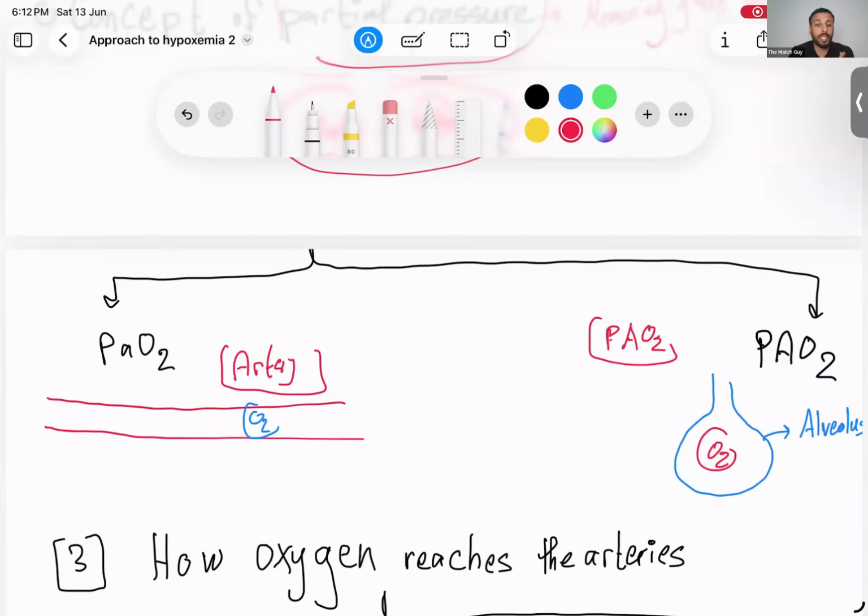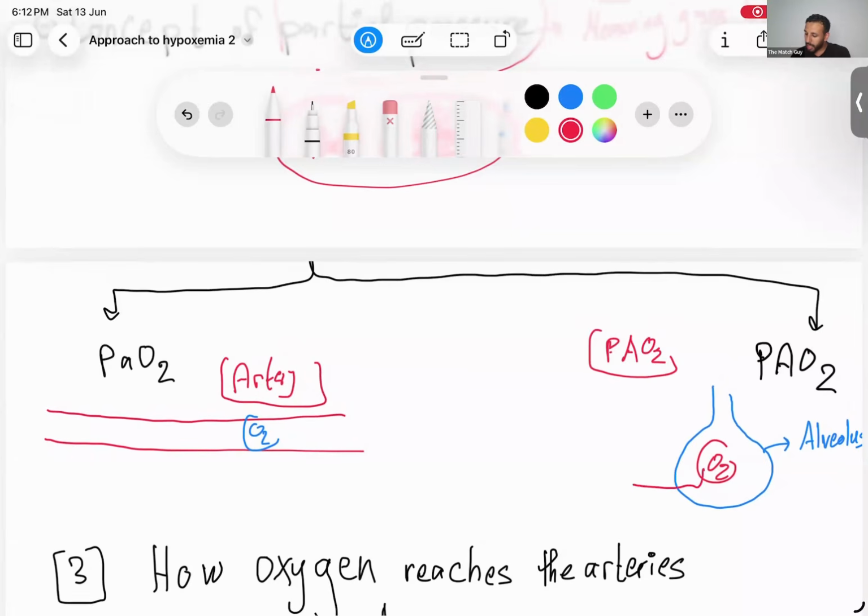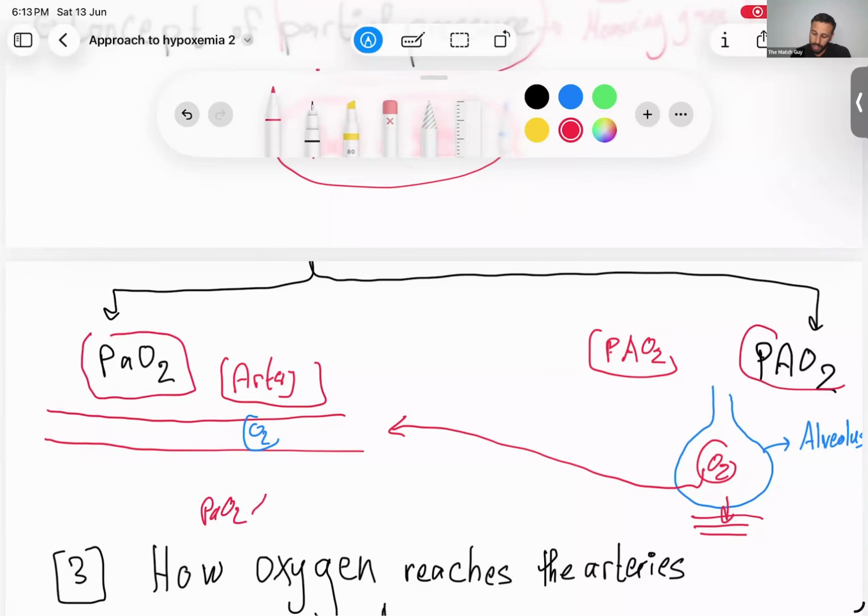So why is it important to know both? Are both of them at the same level? No, because in order for oxygen to go from the alveolus to the blood vessel, it needs to diffuse, right? There is a tissue between them that the oxygen needs to diffuse through to go into the blood vessel. And in the process of diffusion, some of the oxygen is lost. So usually the level of PaO2 is lower than the PAO2, or partial pressure of alveolus.